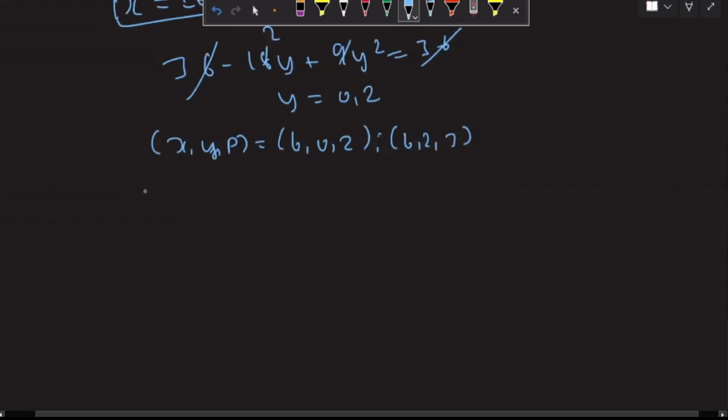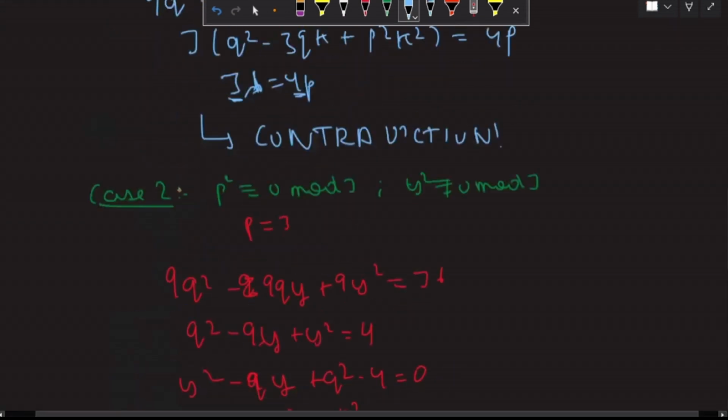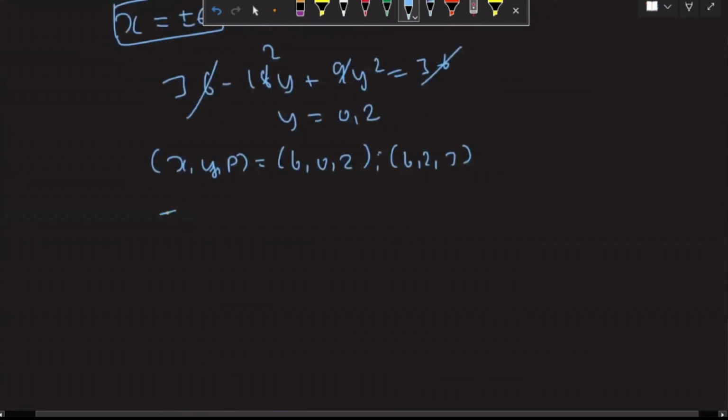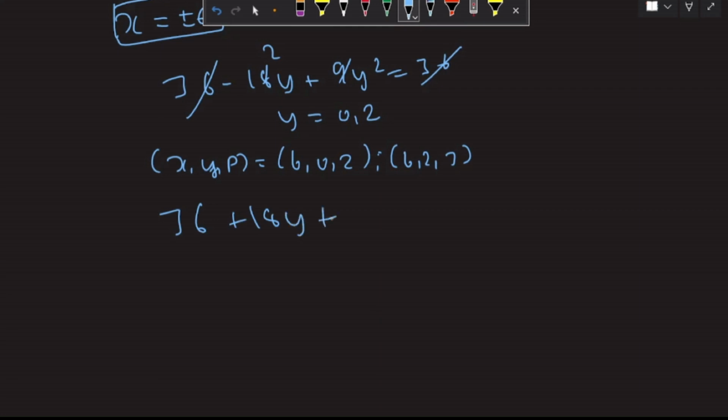And for x is equal to minus 6, when we put x is equal to minus 6 again in our original equation, we get 36. Everything will be same except for the fact that a plus 18y will come here, plus 9y square is equal to 36.